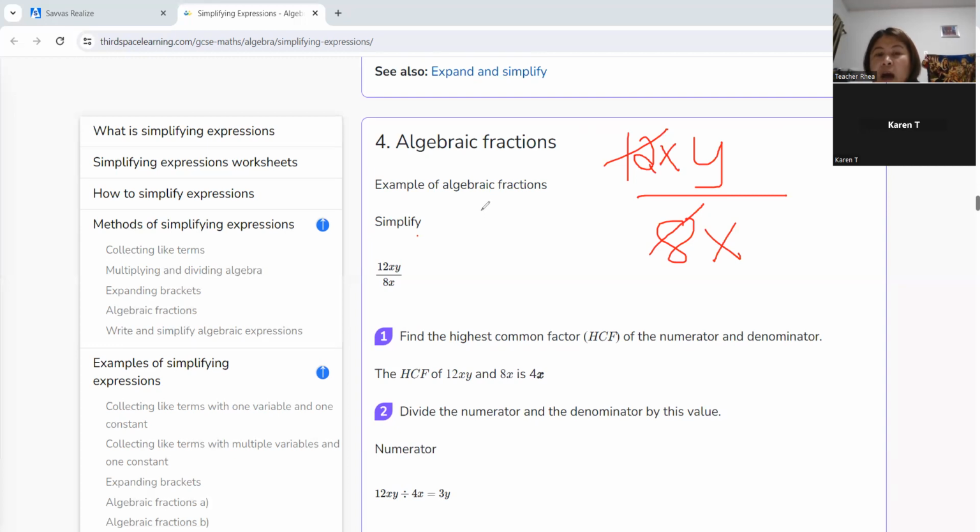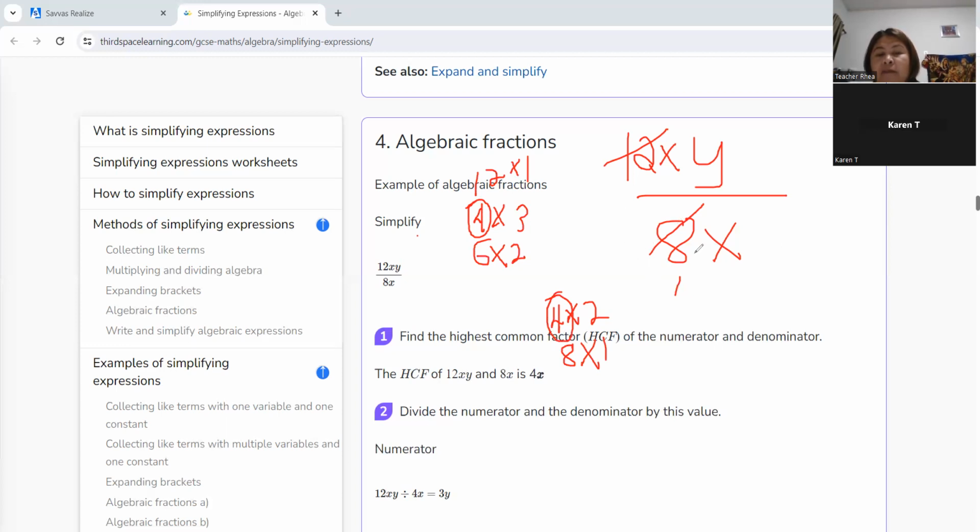So we have 4 times 3, 6 times 2, 12 times 1. 8 has 4 times 2, 8 times 1. So the highest common factor of 12 and 8 is 4, right?